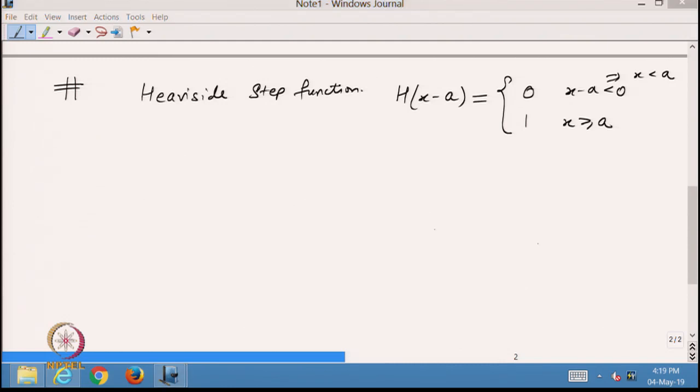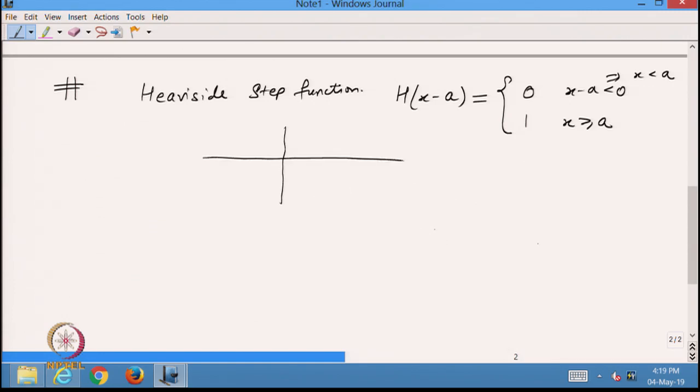If I want to plot this function, it looks like this. Suppose this is my a, x equal to a. This function is 0 for all values before a, and at x equal to a its value will be 1 and then it stays 1.